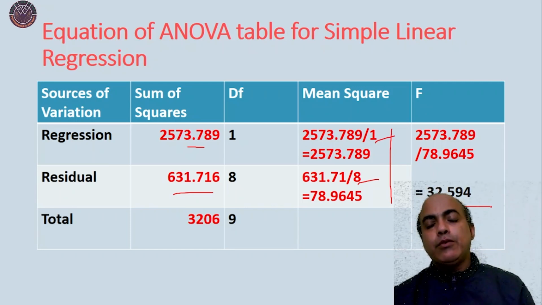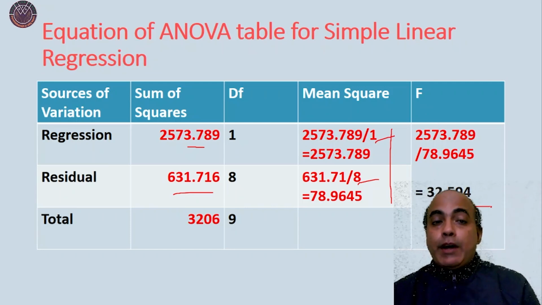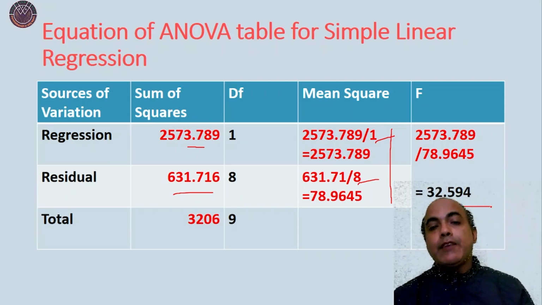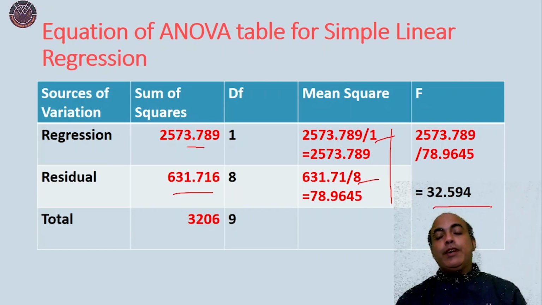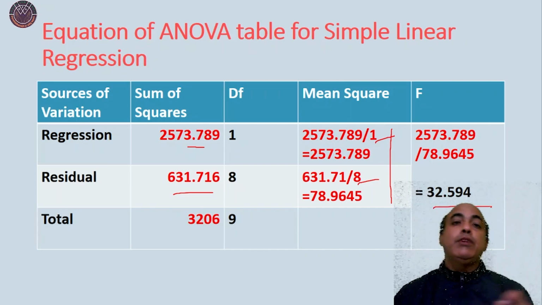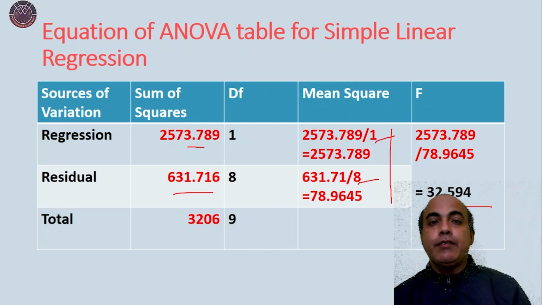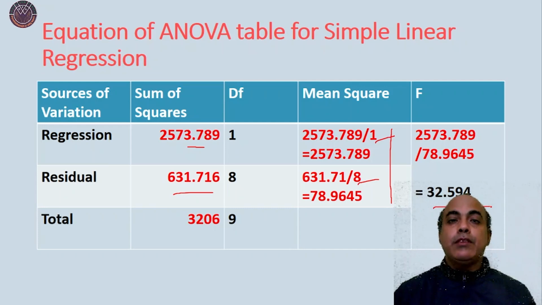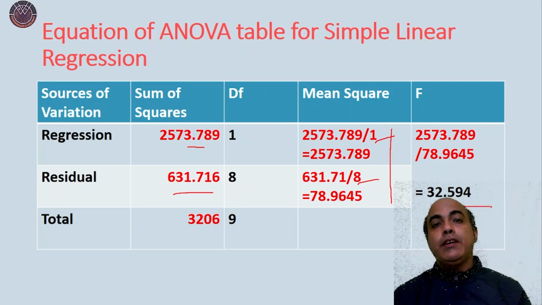And once we compare with the F table, we can see that for 1,8 degrees of freedom, it is quite significant. So we can say that our null hypothesis is rejected, and there is a sufficient relationship existing between the independent variable and the dependent variable. The independent variable is able to predict the dependent variable.